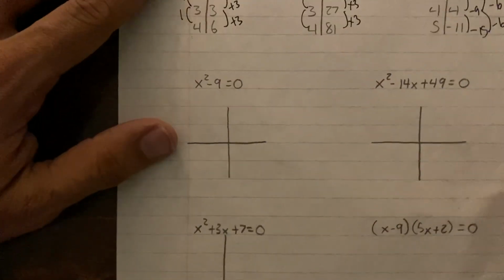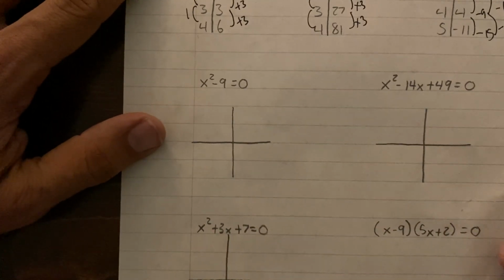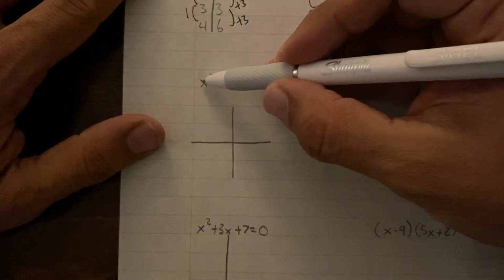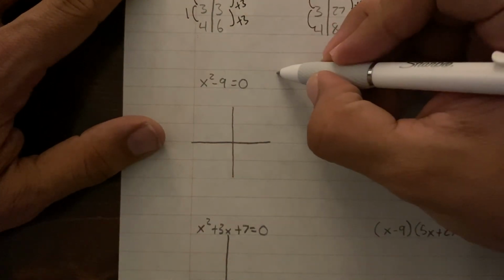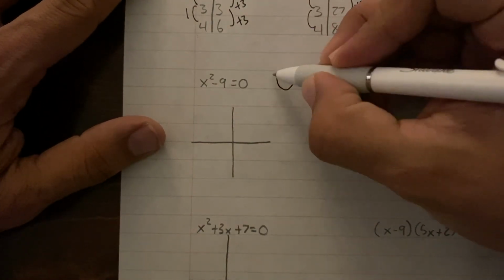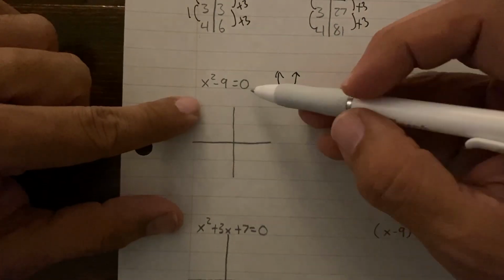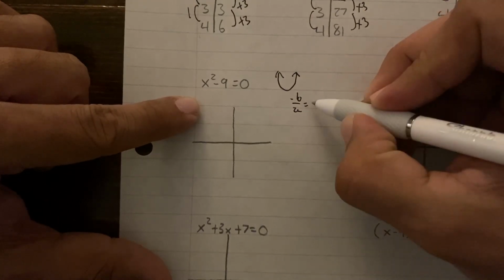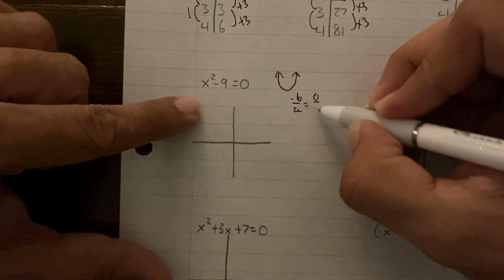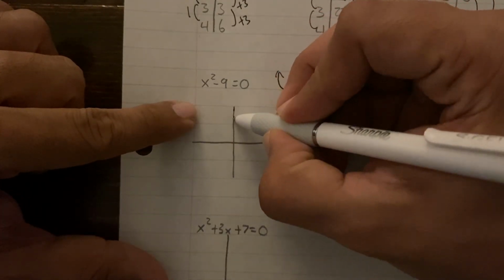Now let's check these. So now we're just checking how many solutions these have. Okay? So I know that it's going to be a positive. It's a positive here in the front, so I know it's going to be shaped like a U. Okay, so let's find the axis of symmetry. Negative b over 2a is going to be 0 over 2, which is 0. So I know that this is the axis of symmetry right here.